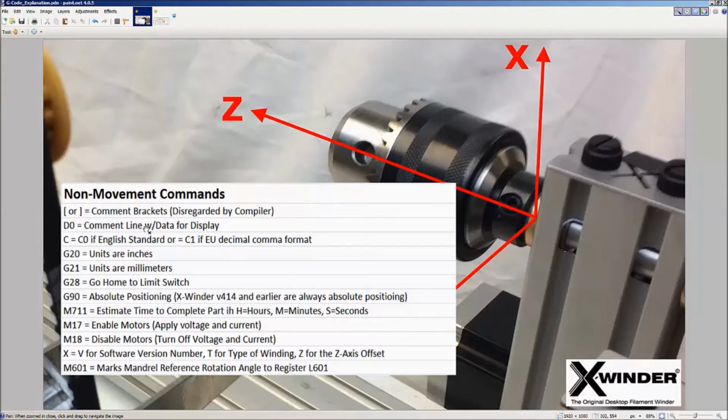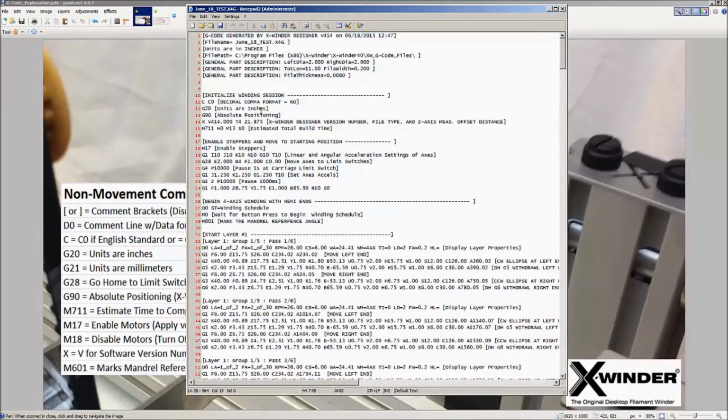A D0 line is comments, and it generally has data for the executor. A C command defines English units or decimal comma format. You can have inches, a G20 is inches, G21 is millimeters, and that command is right here, followed by a G90, which is absolute positioning.